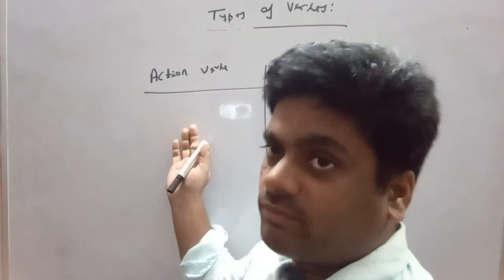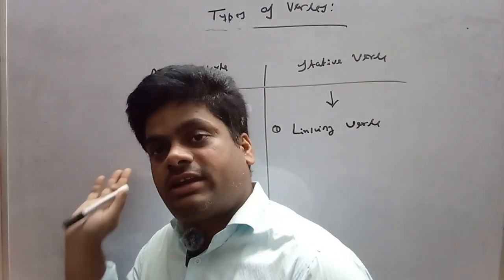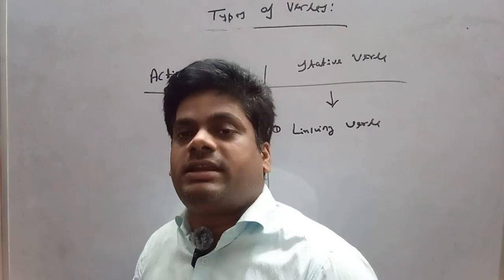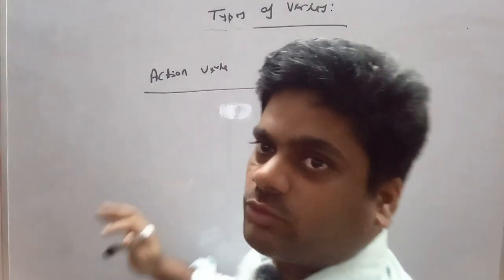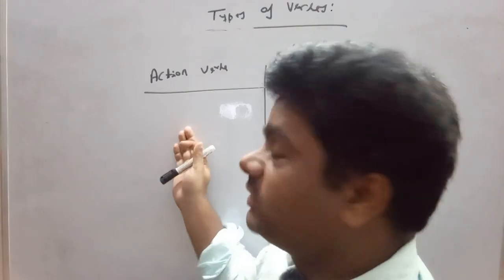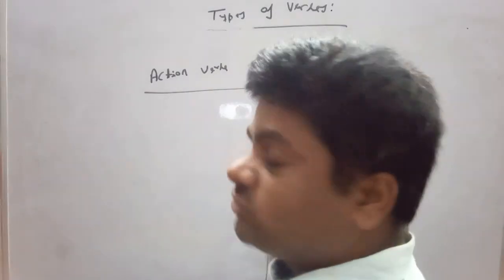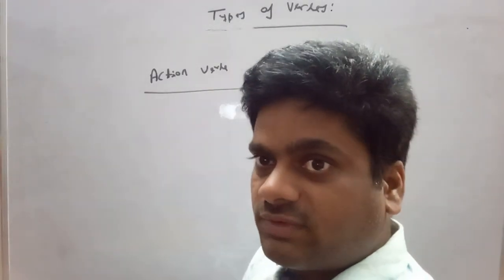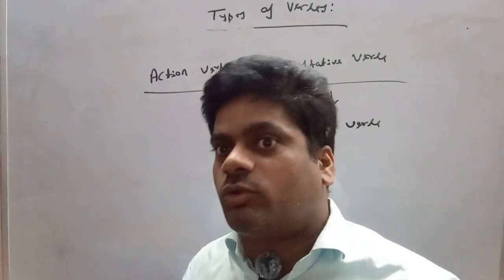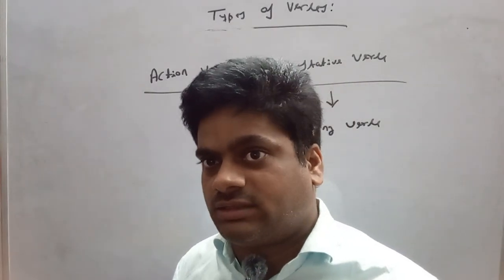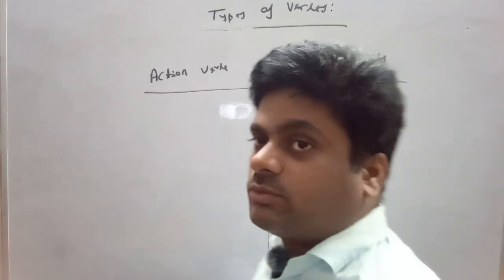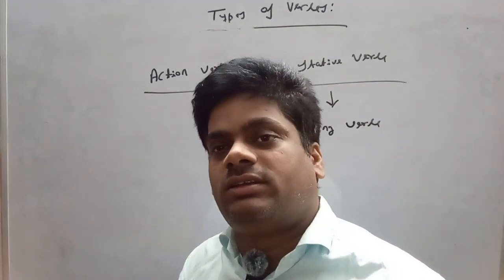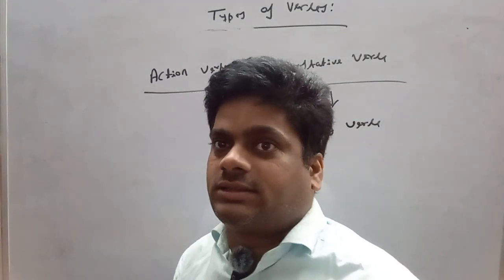No matter which type of action is going to occur in a sentence, it may be external or internal, it may be physical or mental. Both types of actions are supposed to be done in case of action verb. But in case of stative verb, there is no such condition. In case of stative verb, either we find the state or the position of the subject in a sentence, or if we talk about linking verbs, they are supposed to connect the subject to its complement in a sentence.